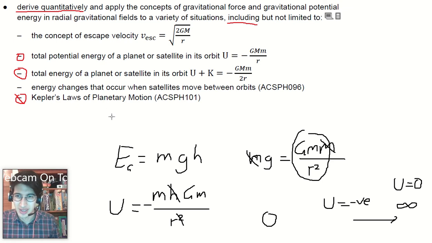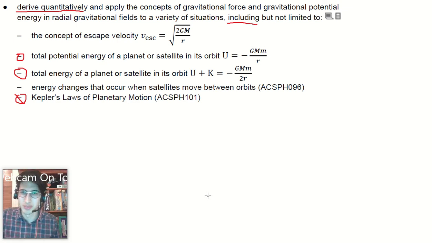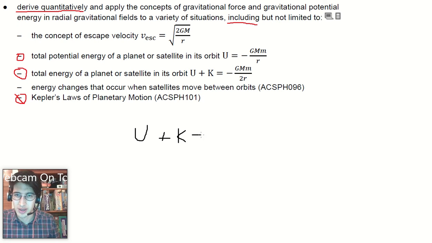So let's clear the playing field. Let's start with something simple. We want U plus K, and that's going to be equal to, let's put the equation down for U, negative GMm over r, plus, because we've got plus K, and K is half mv squared, right?